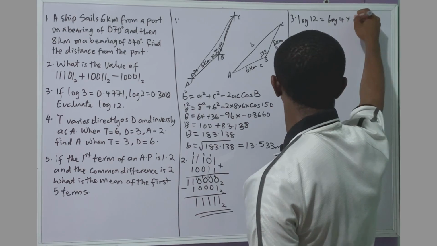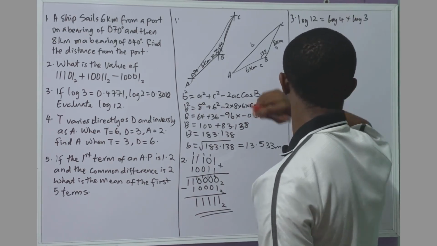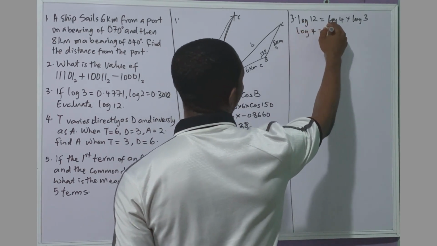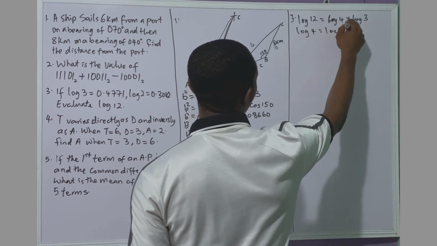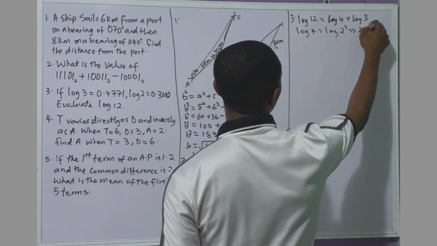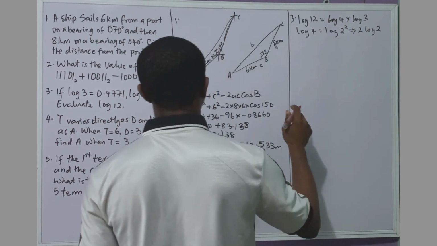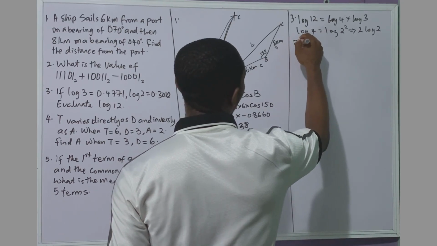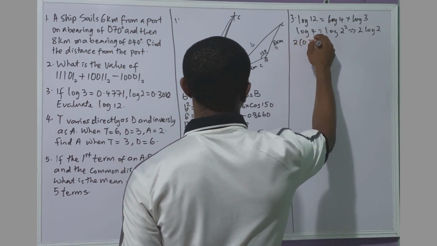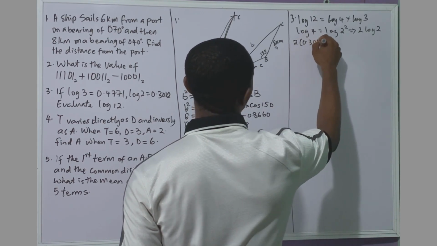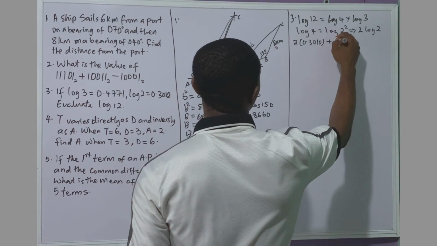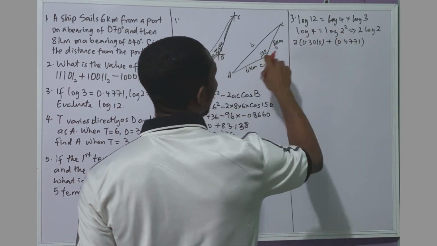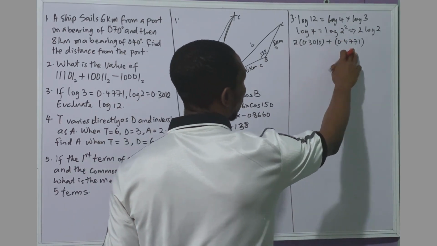Now, log 4 is log 2 raised to the power 2, which is 2 log 2. So now inputting our values, this becomes 2 bracket 0.3010 plus 0.4771. Okay, this is for log 2, this is for log 3.